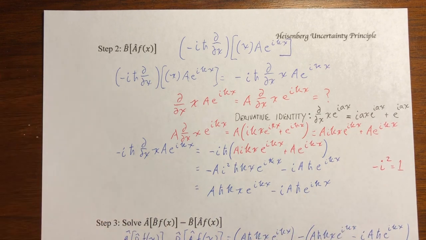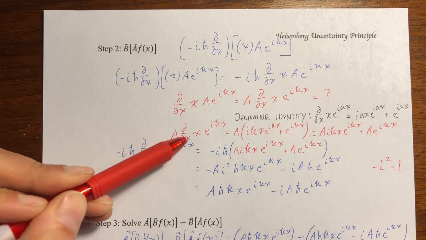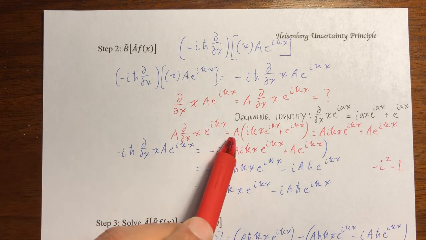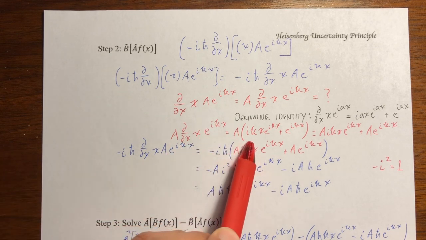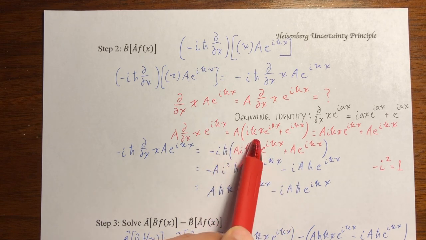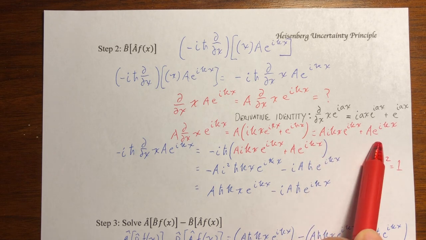And so, when we bring that in and use it for the derivative with respect to x of x times e raised to the ikx, we get a times the quantity ikx times e raised to the ikx plus e raised to the ikx, and when we distribute the a, we get a times i times k times x times e raised to the ikx plus a times e raised to the ikx.